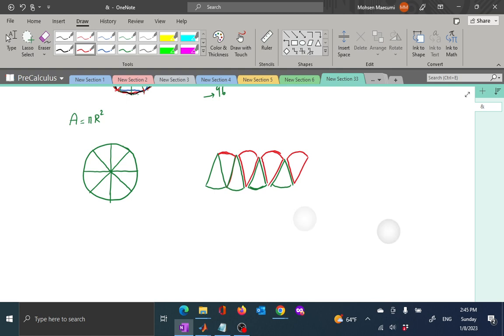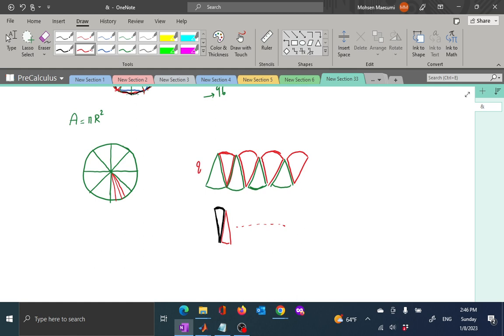Now if we go ahead and do a subdivision, meaning take this slice and divide it by 2, and then divide by 2, and then divide by 2, and so on, our slices are going to become very skinny. So we are going to have one slice like this, I'm not going to try to draw all of them, and then another one upside down, and then you go on.